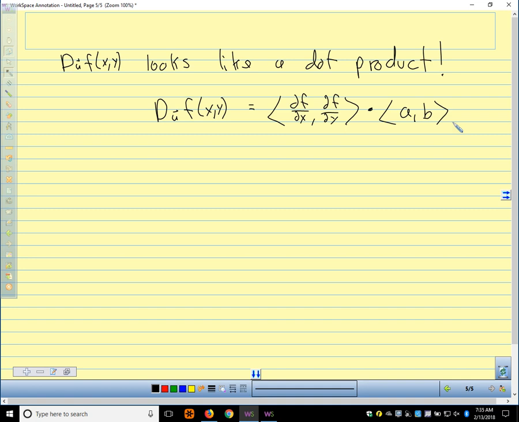Well, because this vector is made of the partial derivatives of our function in the x component, the y component, we can continue with the z component, w component, however many we want. It comes up very frequently in a number of different contexts, so we give it a special name.